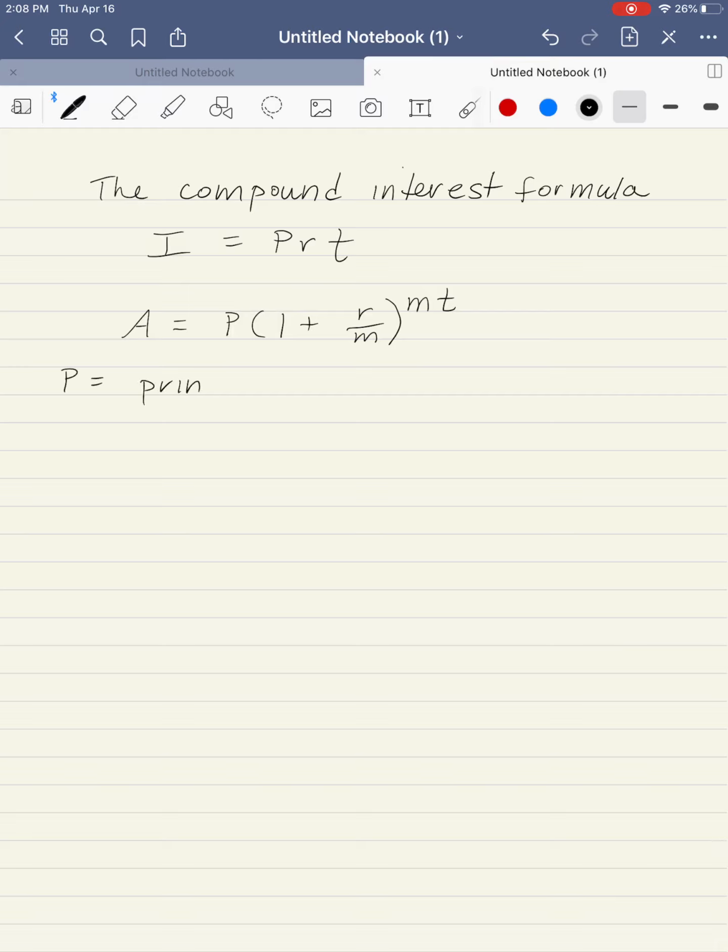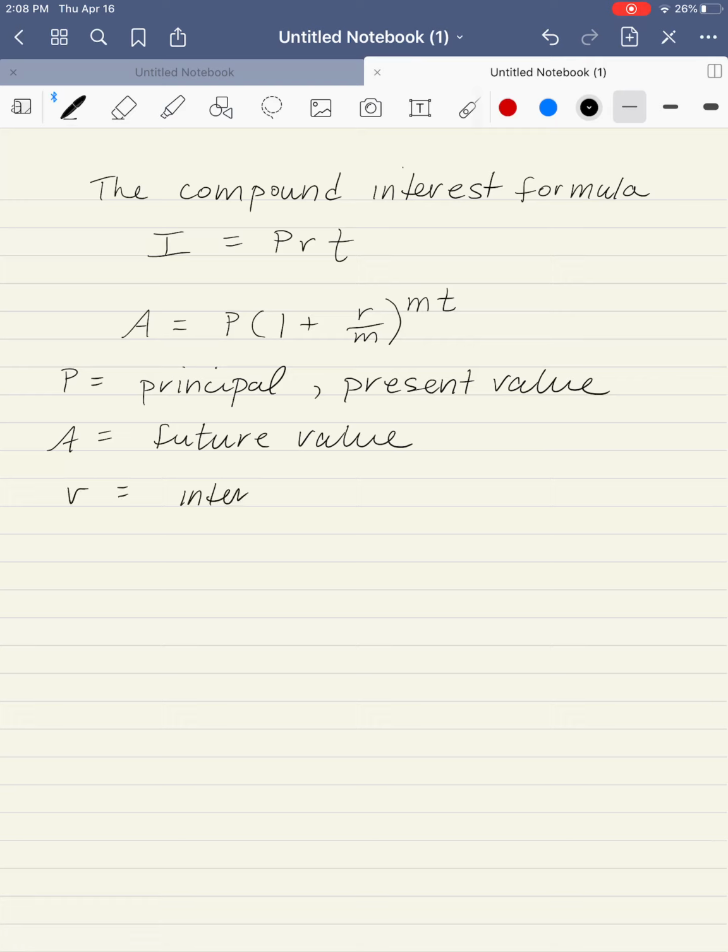Compound interest is when you have your principal, your capital P, that's also called your present value, because it's the amount of money that you have to start with. And then A is going to be the amount you have at the end after the time has gone by, also called your future value. Lowercase r is going to be the interest rate.